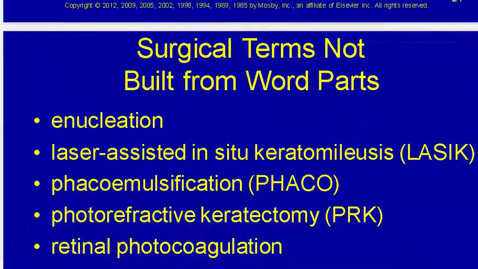Some of the surgical terms not built from word parts that you might need to know. LASIK, I'm sure you've all heard of LASIK, and that's where they actually peel the cornea off the top of the eye. And using a laser, a doctor will go in and make slits in the eye to where it corrects for whatever vision abnormality you have, and then they just lay the cornea flap right back on top. And there are no stitches or anything like that.